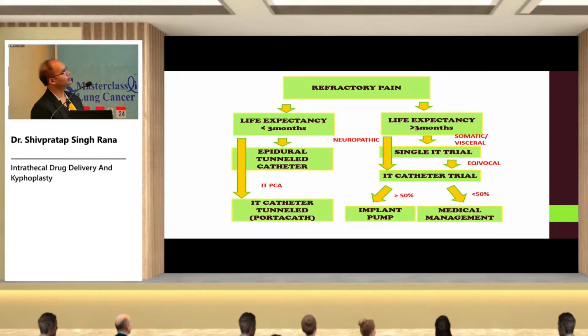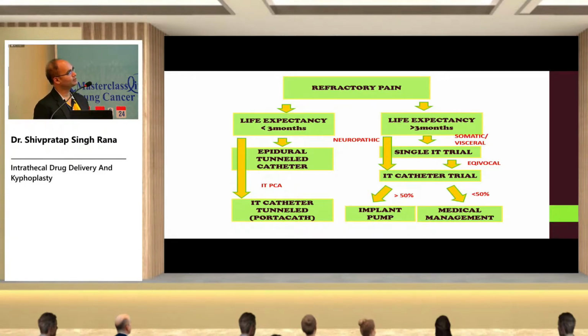So when the pain is refractory, a patient is using morphine more than 200 milligram per day, or oxycodone, or has associated side effects with high-dose opioids, and life expectancy is less than 3 months, we go for the epidural catheter or intrathecal PCA, or sometimes a tunneled intrathecal catheter, which is the portacath we are using.